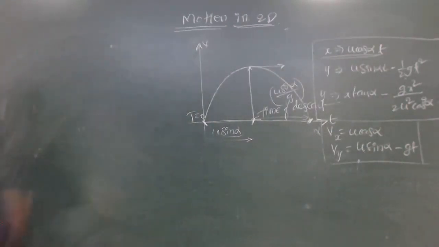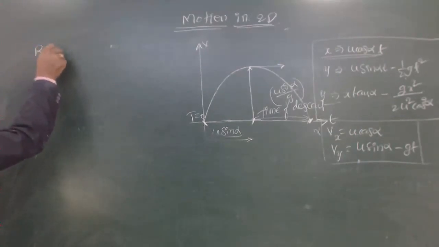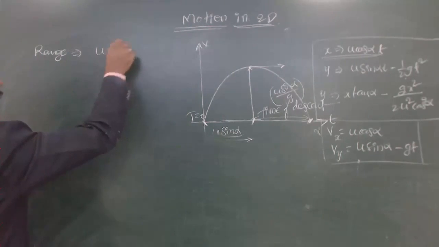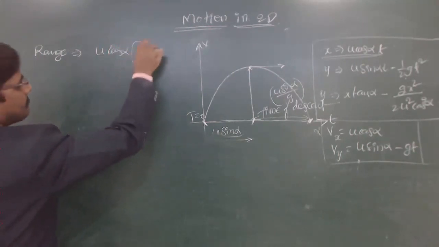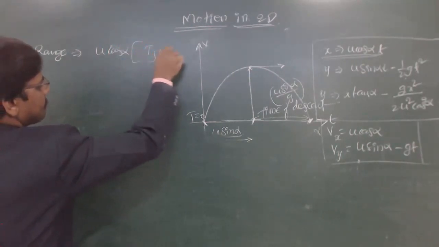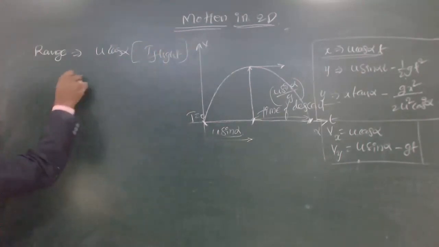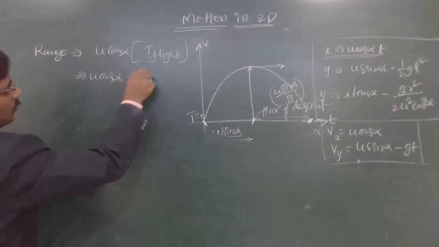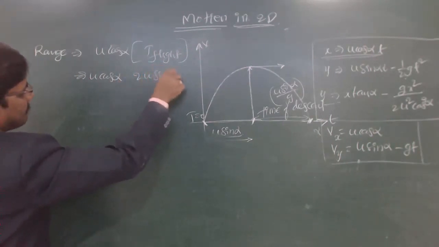So maximum range is u cos alpha into the time of flight, u cos alpha into 2u sin alpha by g.